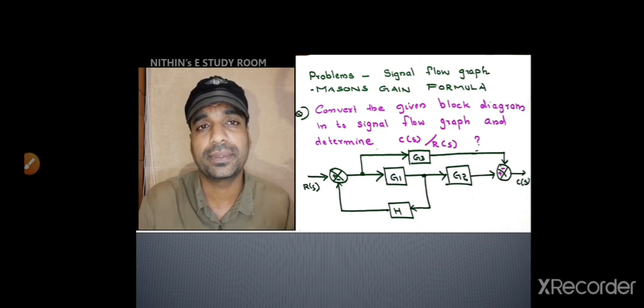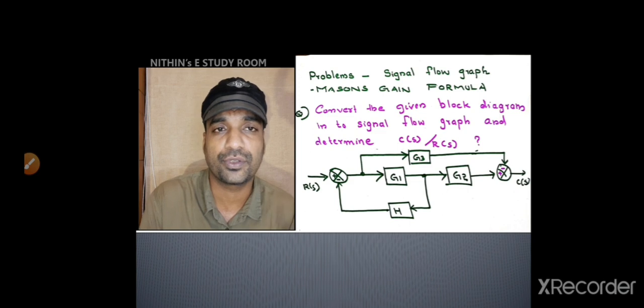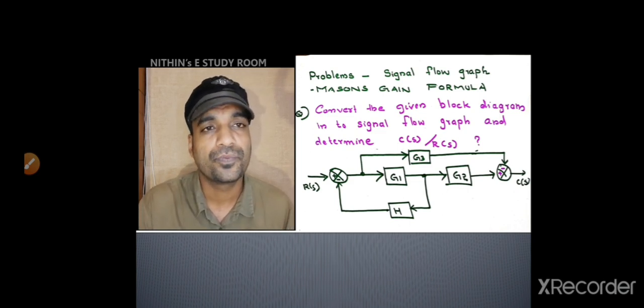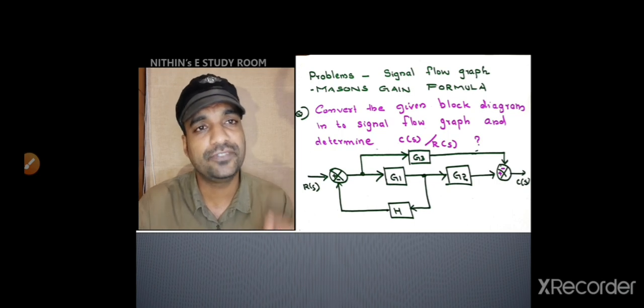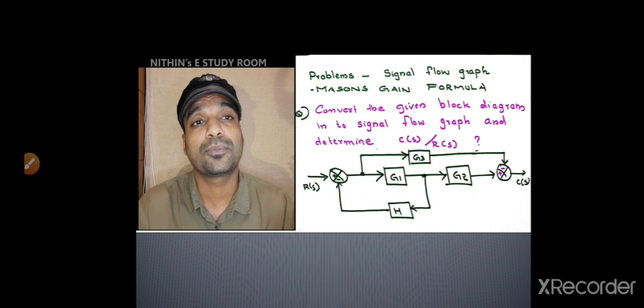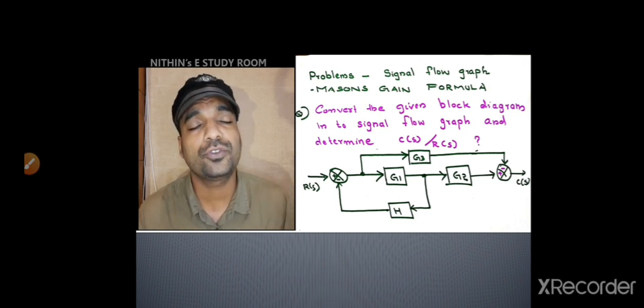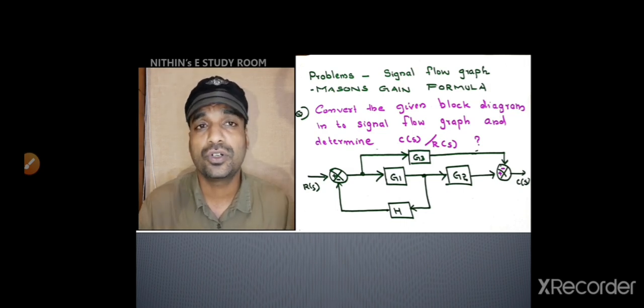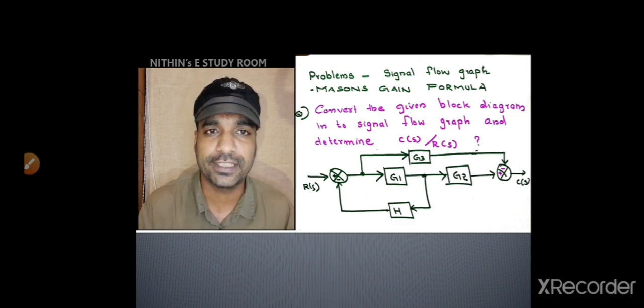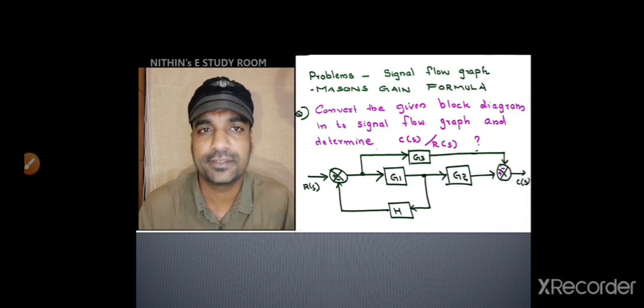There are other methods also for finding the transfer function of a block diagram that we will discuss later. But anyhow, in this question specifically, they are asking for converting the block diagram into a signal flow graph and to find the transfer function. So for finding the transfer function of a signal flow graph, the one and only method we are using is Mason's gain formula.